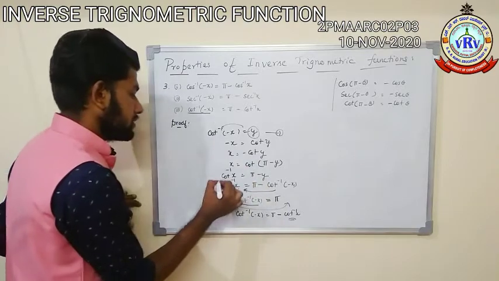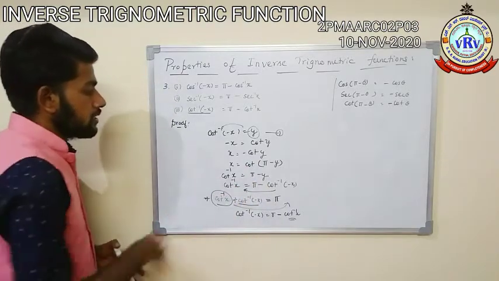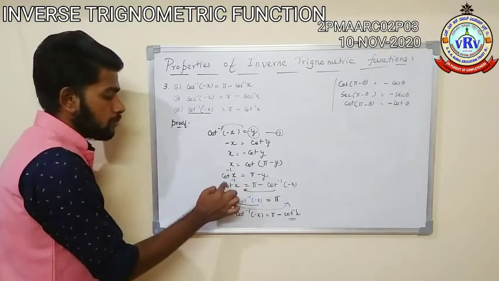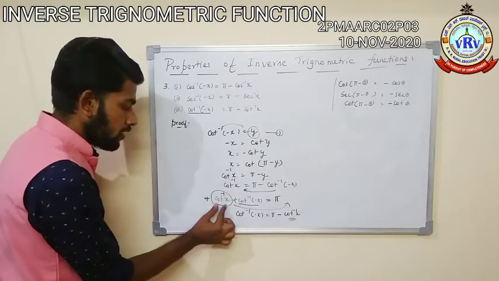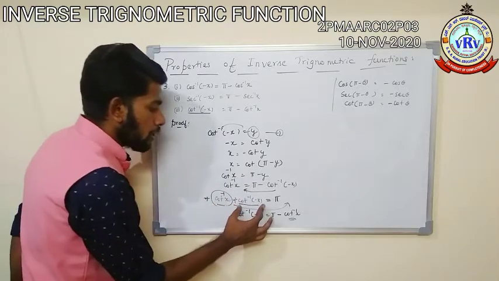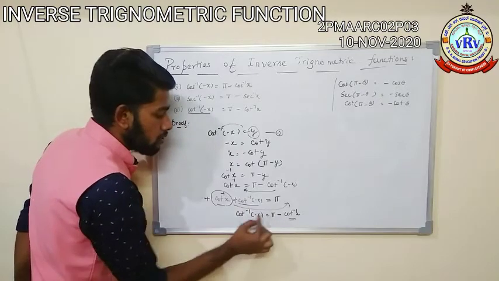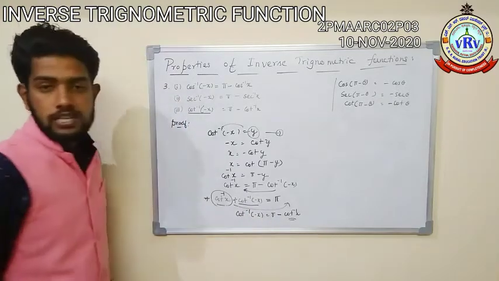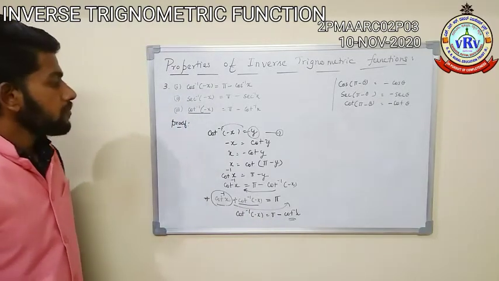Here I made one mistake. Every time we shift cot to the other side, it becomes cot inverse of x. So cot inverse of minus x is equal to pi minus cot inverse of x.